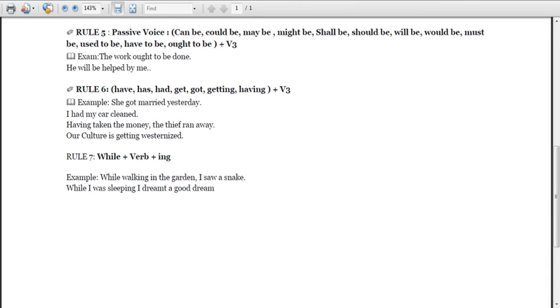If you find any subject after while, that time you take a helping verb like was or were according to the subject. Like, while I was sleeping, I dreamed a good dream. So the earlier one was while walking, but here while I was sleeping. After the word while you find I, that's why was is used.